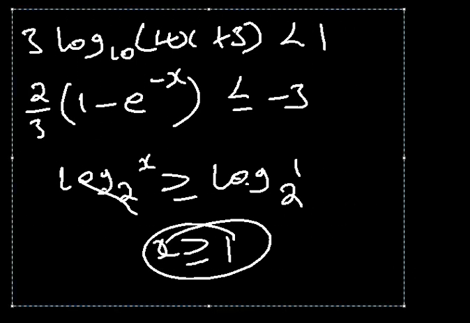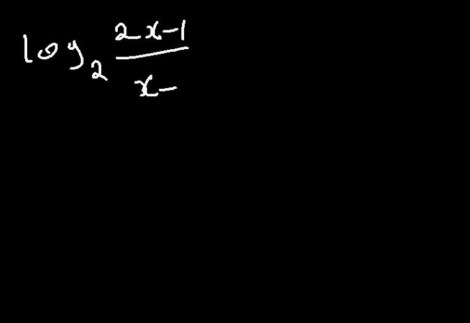And you should also try this as well. Let's say we have log base 2 of (2x minus 1) over (x minus 1) should be greater than x minus 2 and less than 0. And in the same way, you should know that having 0 is the same as having log base 2 of 1.